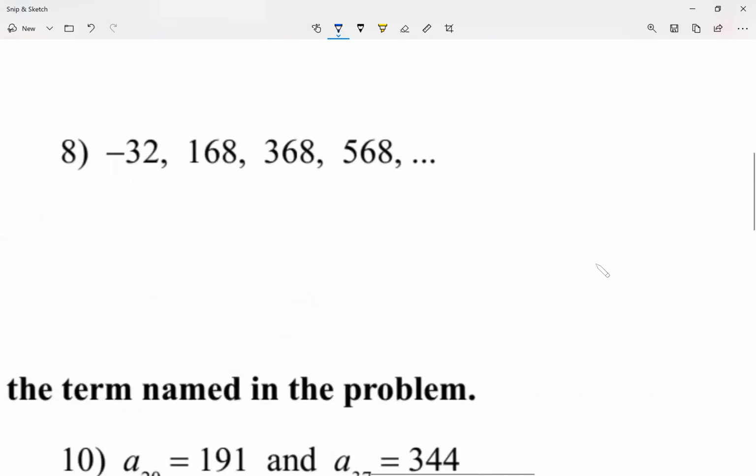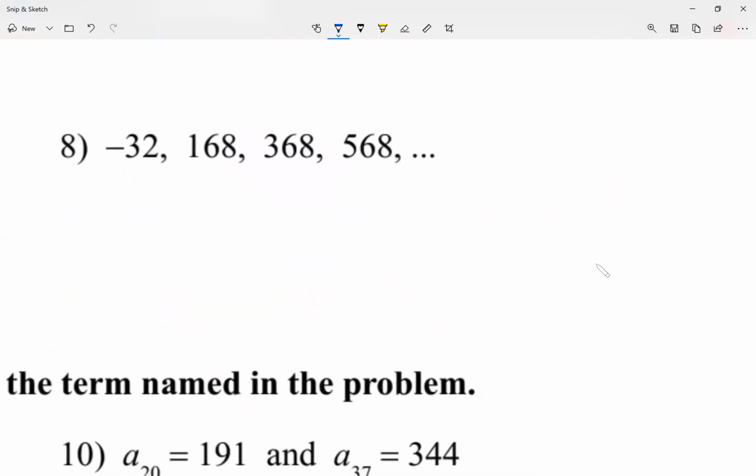So let's take a look at question number 8. Let me find a common difference. Hopefully you can see it: from negative 32 to 168, I added something, and then to 368, 568.